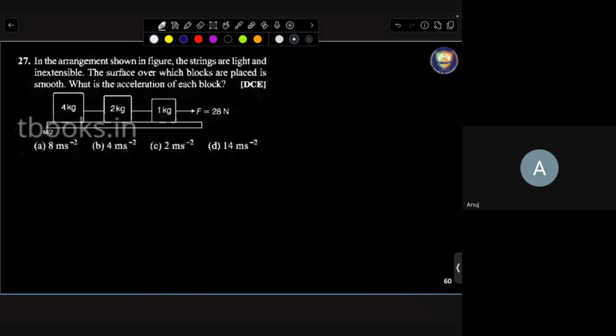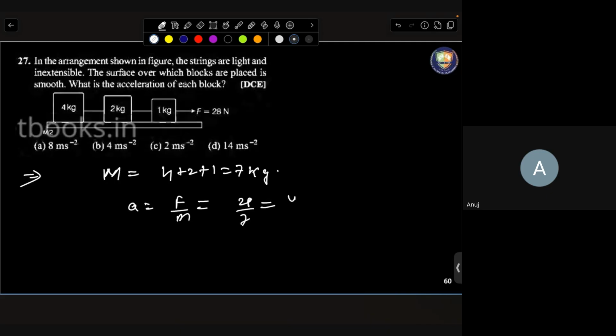Acceleration of each block. Yeah, no, it's correct. It's actually an easy one. So total mass, if you look at, it is 4 plus 2 plus 1, that is 7 kg. And acceleration will be total force by mass, 28 by 7, that is 4 meter per second square. So this will be the answer. I think this one was very easy.